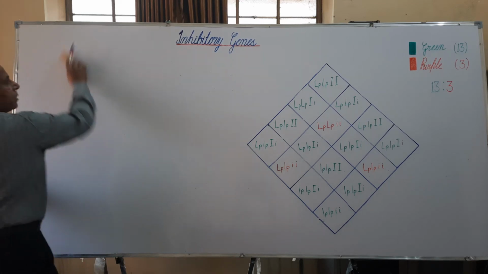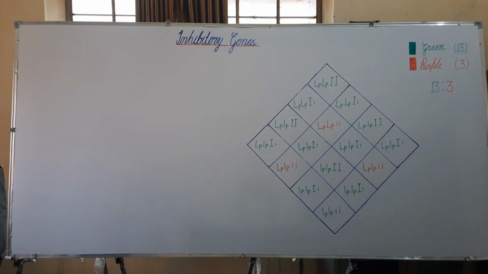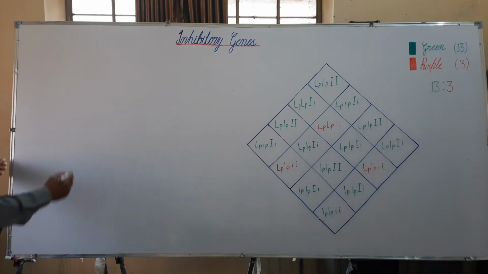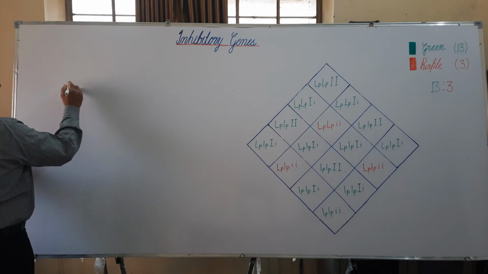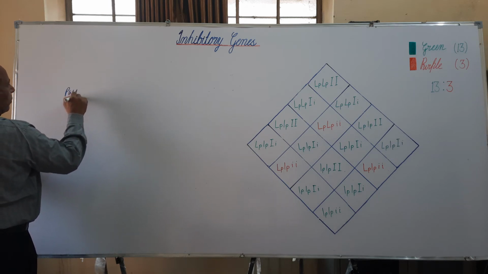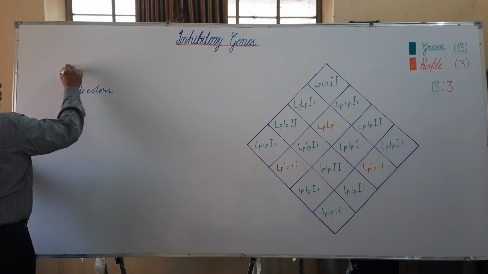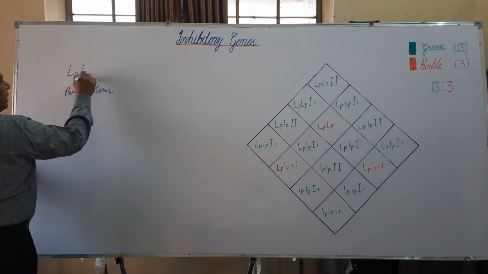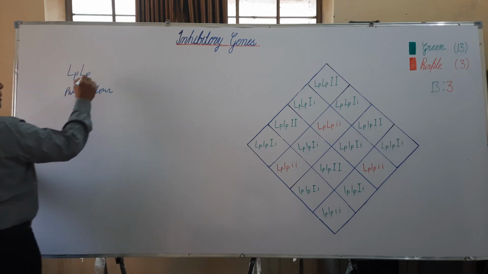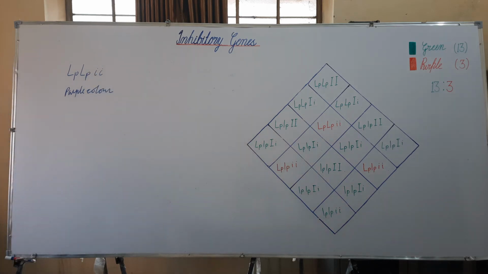Now we will discuss the interaction of inhibitory gene by crossing between the two varieties of the rice differing in their leaf color. The one variety of the rice having the purple color, which is homozygous dominant in capital LP and recessive in inhibitory I gene.